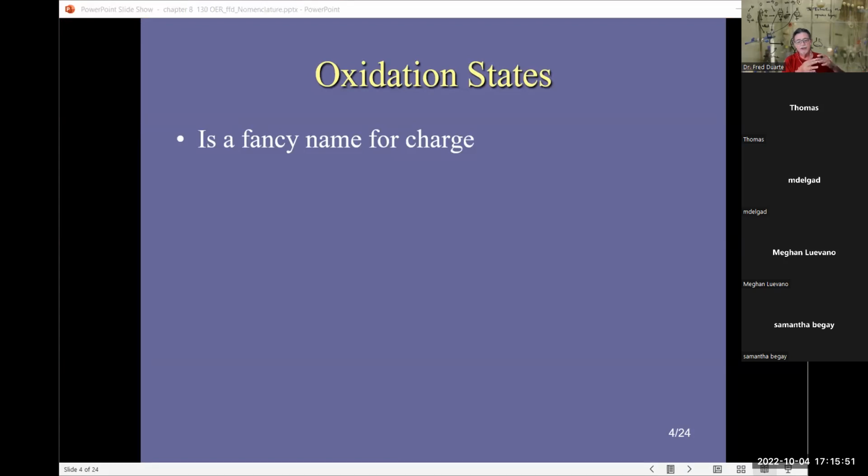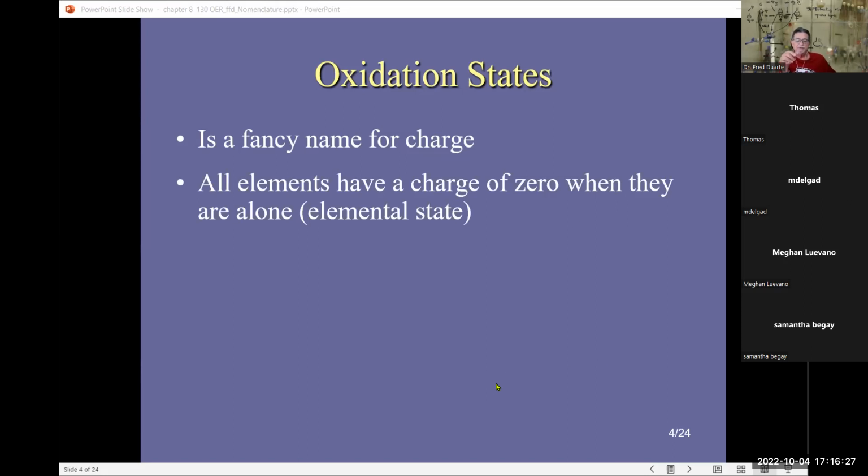But their oxidation state is the same. So it's just a fancy name for the charge. Whether it's an ionic compound or a covalent compound, oxidation state is the term I'm going to start using. I've been using the term charge, and I'm going to try to slowly convert to oxidation state. What is the oxidation state of the sodium ion? It will be +1.